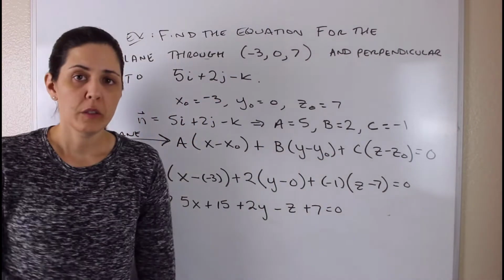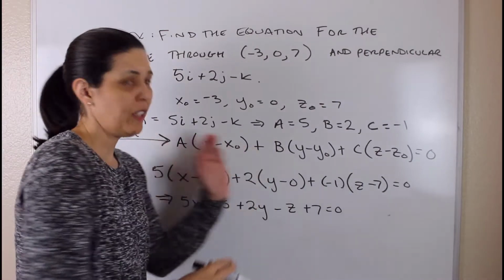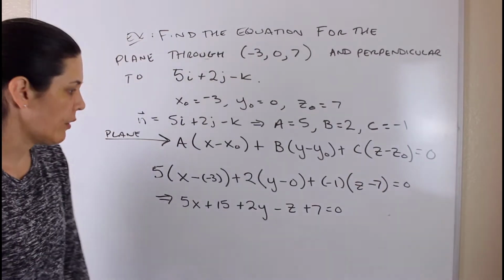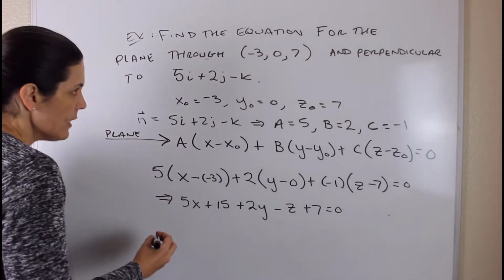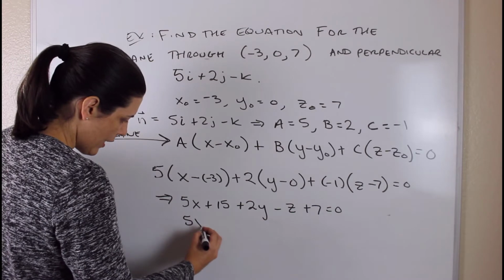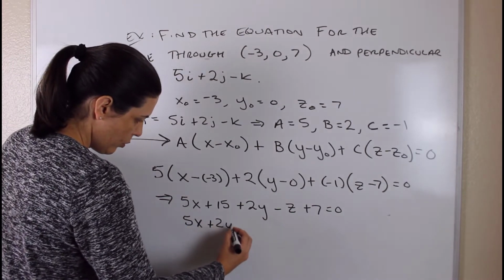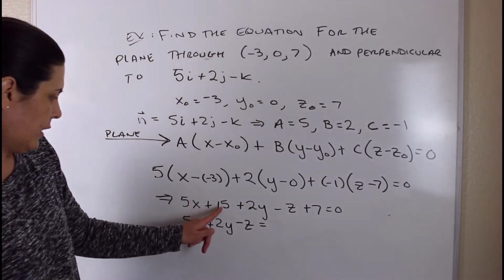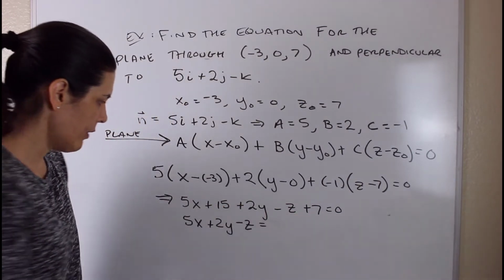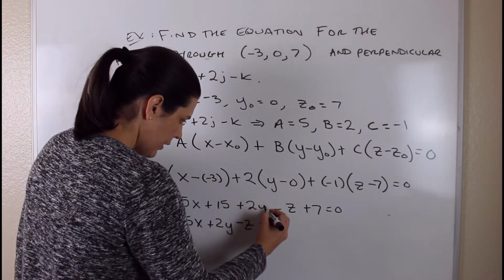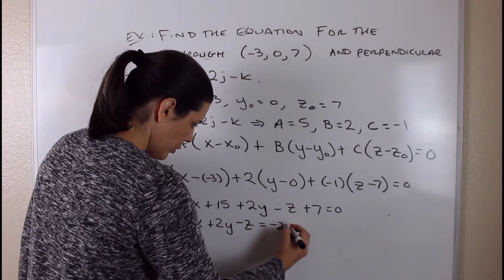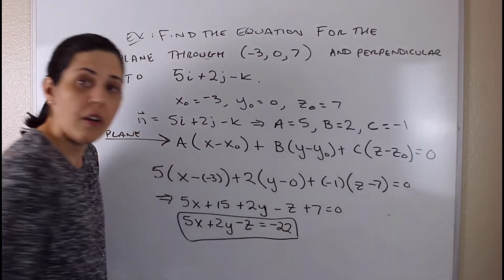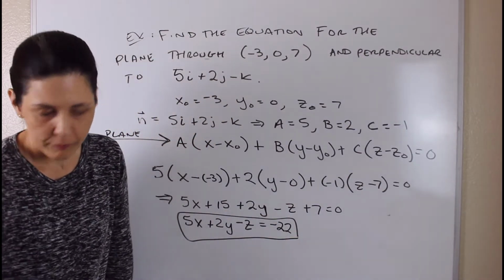And then what we tend to do, like I had the other equation where it equaled d, is to take all these numbers and put them on the other side of the equal sign for a final answer. And so we have 5x plus 2y minus z, and we're going to subtract 15 and 7 from both sides. And so we get negative 22. And this would be what I would call the final answer for the equation of our plane.